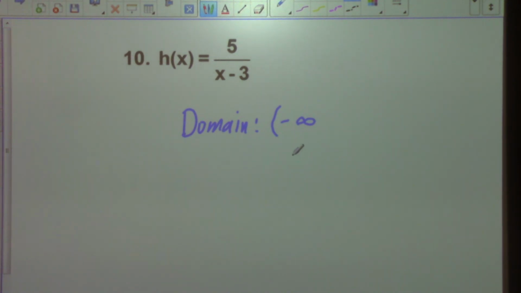So what do we go up to here? 3. Okay, 3, and then what? The union symbol, like this. Yes. Would the parenthesis by the 3 be a bracket or a parenthesis? It is called a union.